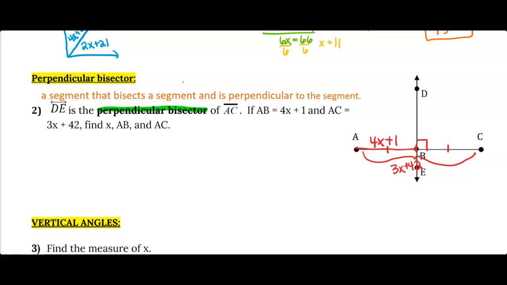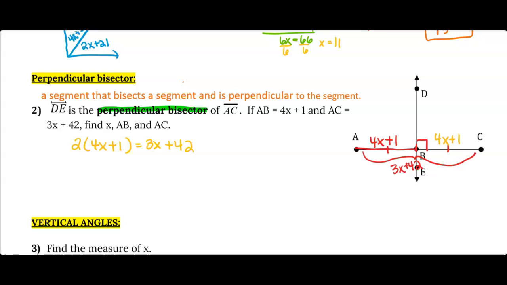So then, if we want to find x, we can set up our equation. Since we know that AB is 4x plus 1, then we also know that BC is 4x plus 1, since it is the other half of the segment. So we can either do 4x plus 1 plus 4x plus 1, or 2 times 4x plus 1, and that will equal 3x plus 42.